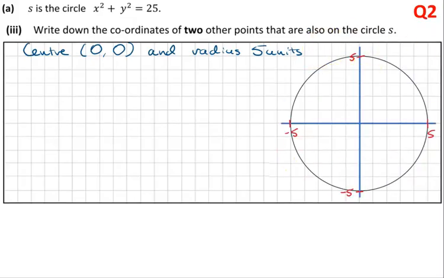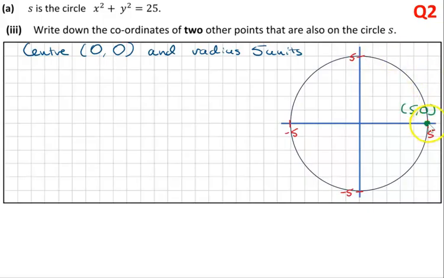So you can draw a rough sketch of what that would look like. So here's my centre at 0, 0. And if there's a radius of 5 units, then the circle passes through 5 on the x-axis, minus 5 on the y-axis, minus 5 on the x-axis, and 5 on the y-axis.